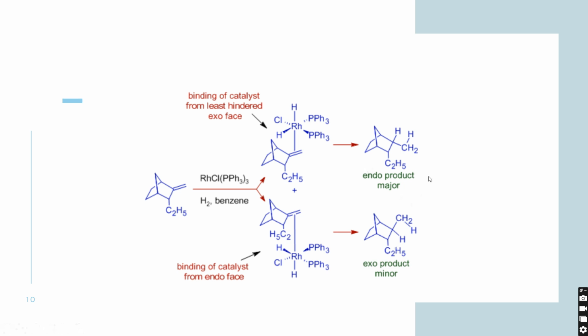I hope this stereoselectivity in this Wilkinson catalyst reduction is clear to you all. Always remember, steric factors play a major role in Wilkinson catalyst as well as Crabtree catalyst.